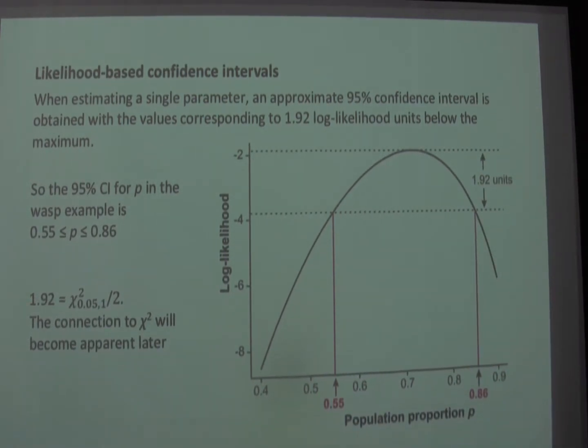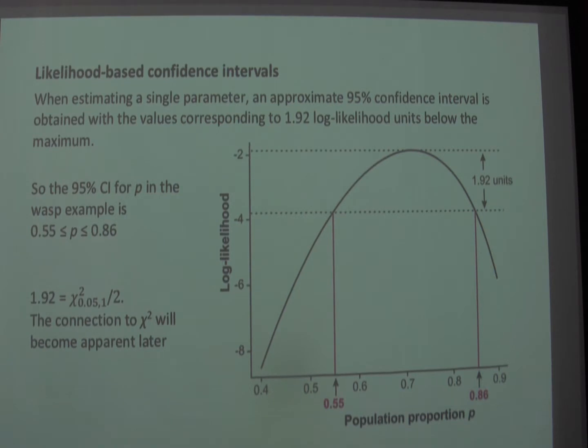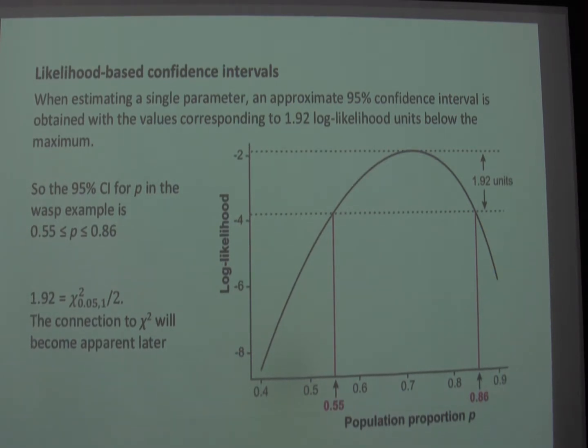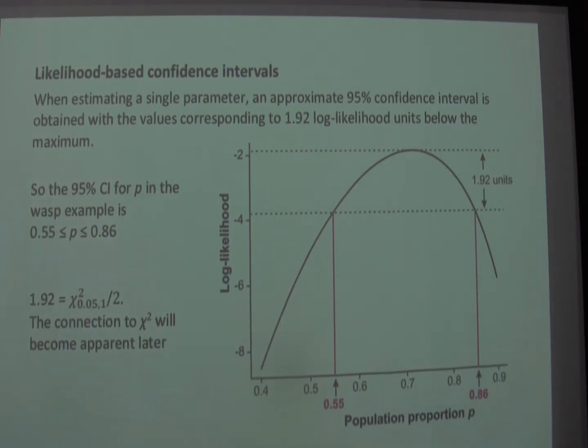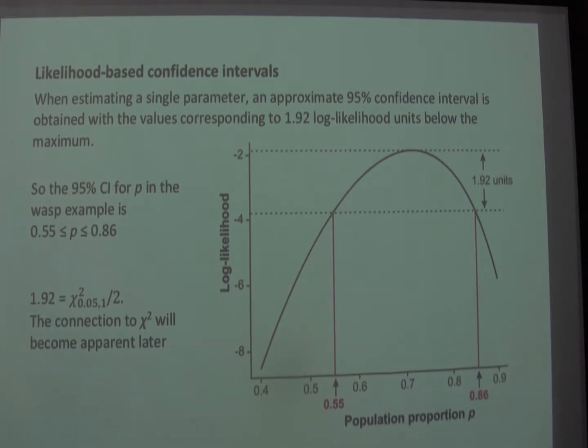Now what we would like is not only to estimate the population parameter, but to have a confidence interval that corresponds to it. And in the likelihood world, here's how we can obtain a 95% confidence interval for the population proportion.